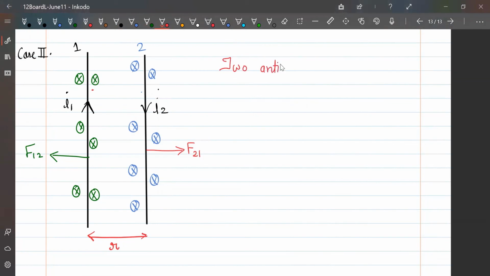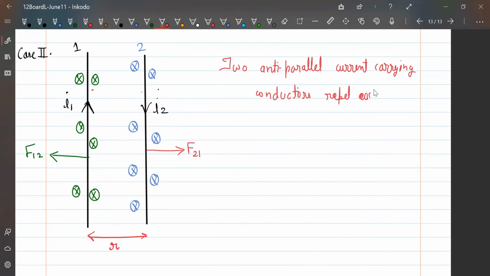Two anti-parallel current carrying conductors repel each other. And the amount of force per unit length remains the same.